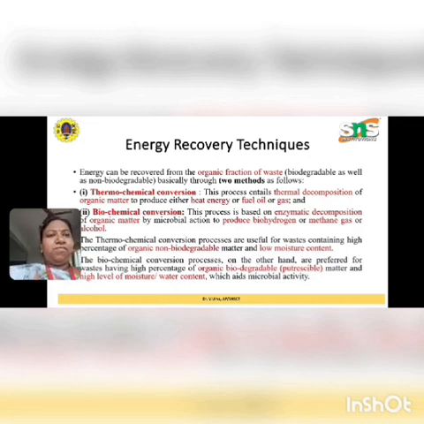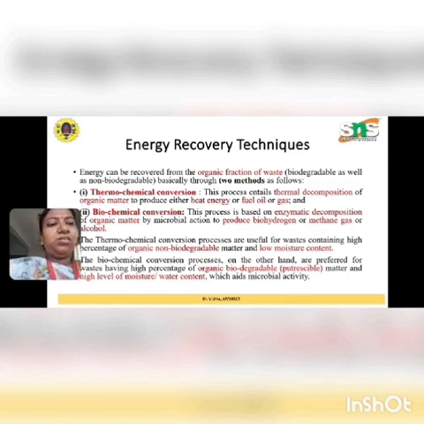Energy recovery from organic fractions. There are two methods of waste conversion, as we studied in the previous chapter: thermochemical conversion and biochemical conversion. Thermochemical conversion is the thermal decomposition of organic matter which produces heat and energy, or oil or gas.